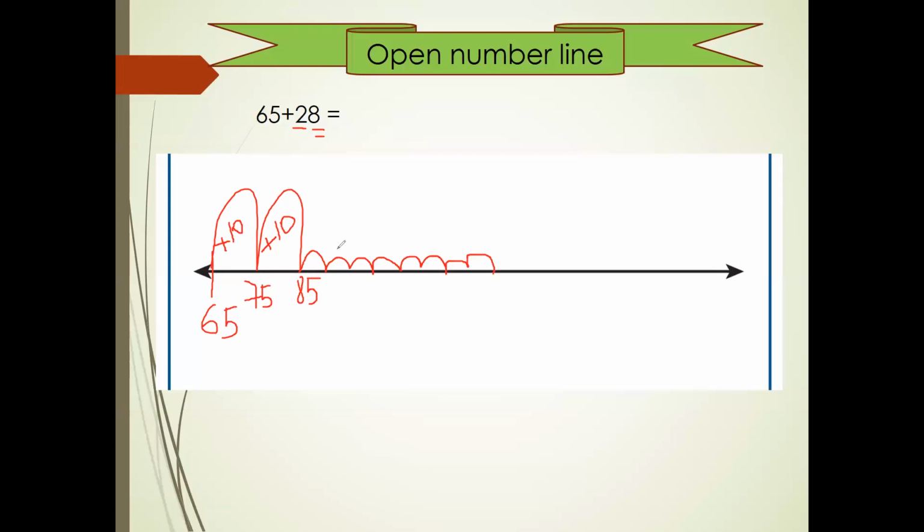And again, we take the pencil, we count carefully. 85, 86, 87, 88, 89, 90, 91, 92, 93. And then you write the answer at the end, 93.